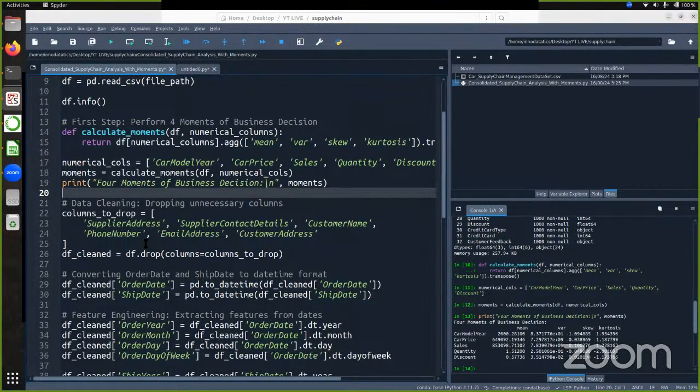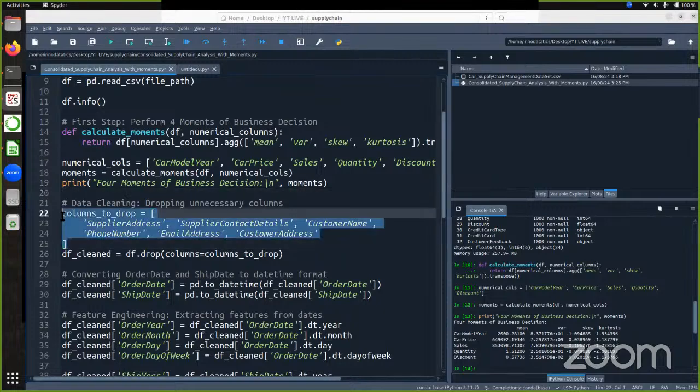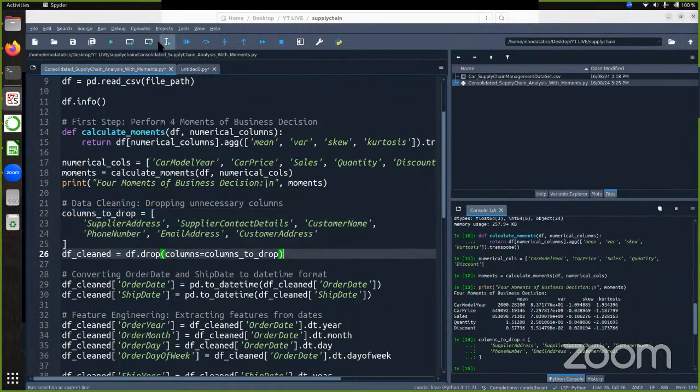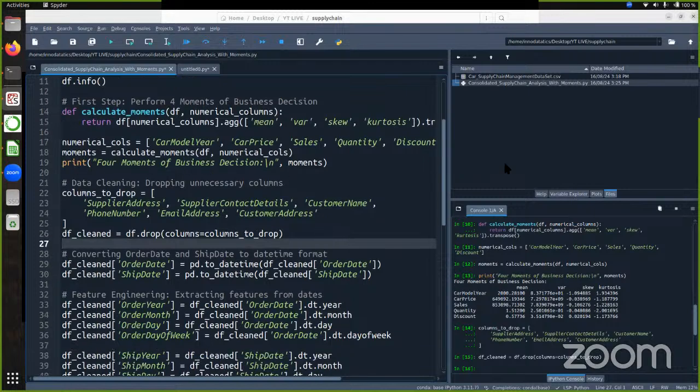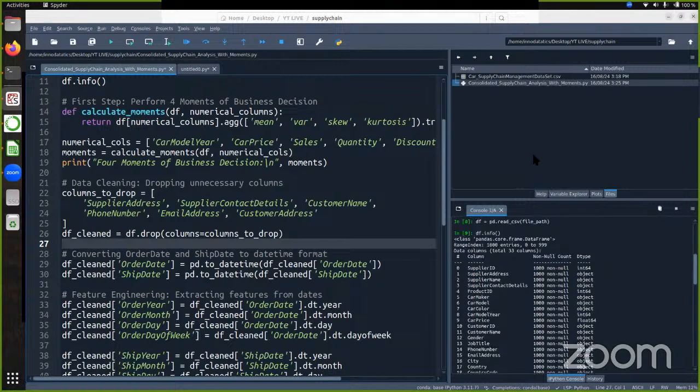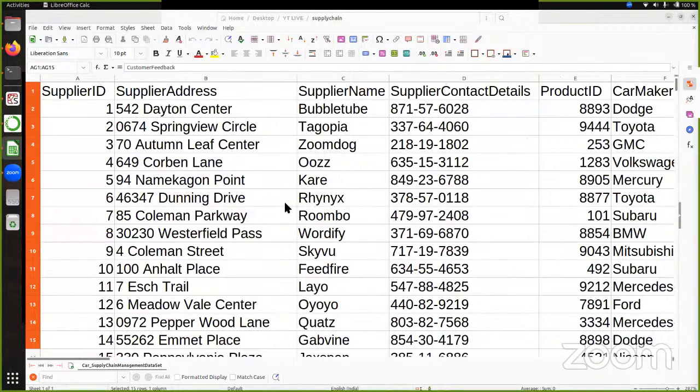Their name is not adding any useful information for me, so I will drop these columns. That's it.